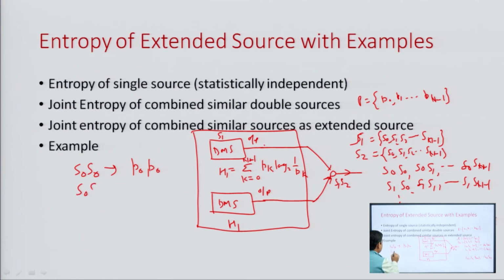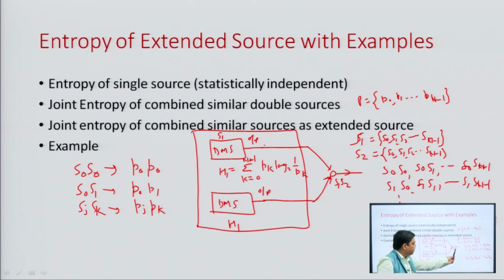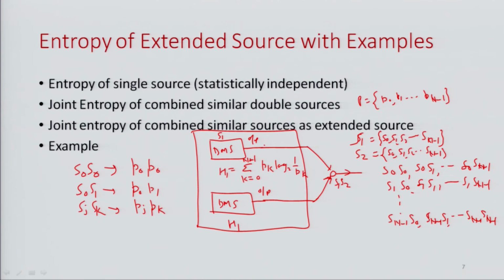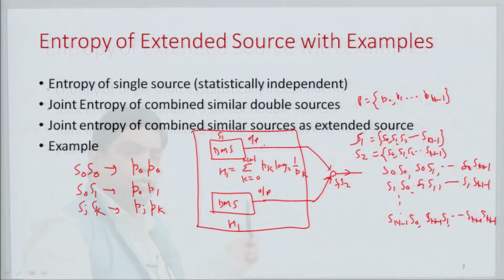Similarly, for S0 S1, its joint probability is P0 P1. For Sj Sk, its joint probability is Pj Pk. We can calculate the probability of every joint symbol, because this is a combined, joint source, giving one symbol at the output from the two sources. Using these probabilities we can find the entropy of the joint source.